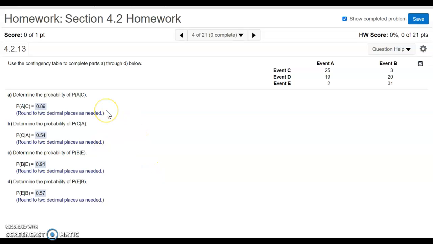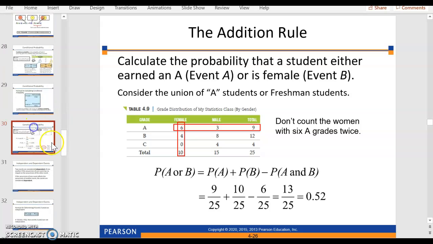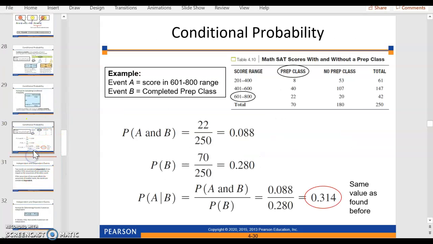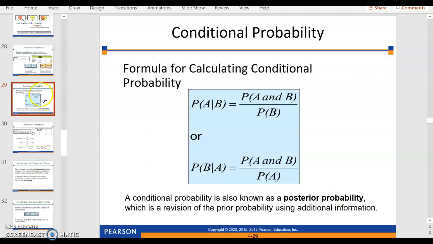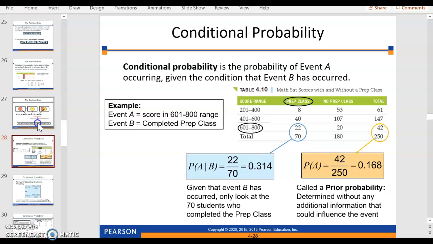Okay, in this video, we're going to look at contingency tables again, but we're determining the probability given a particular event occurring. So this is in your slides. This is called conditional probability, and it's the probability of one event occurring given that another event has occurred.